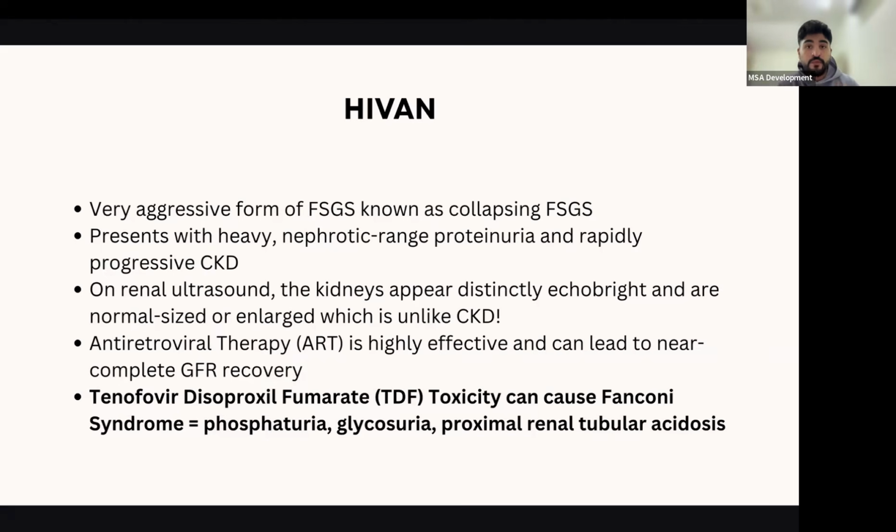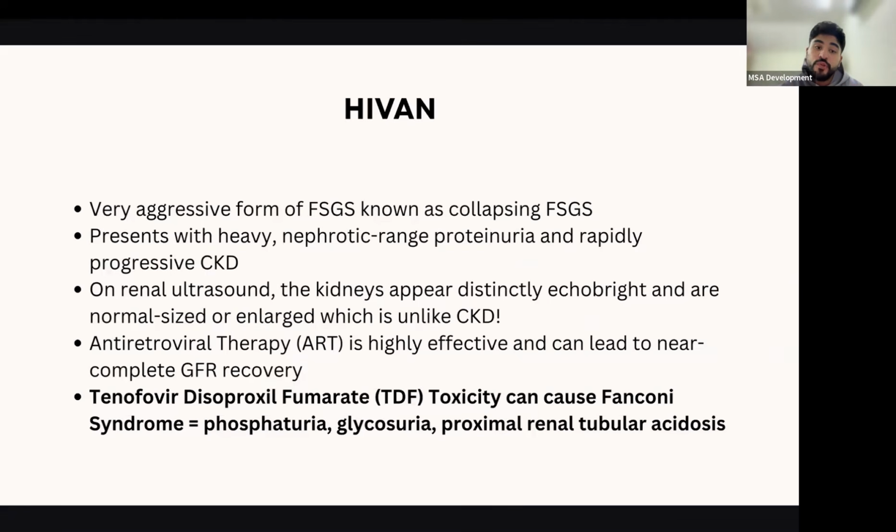And on renal ultrasound, what's really distinctive for HIV patients is that the kidney is going to appear really bright, and usually it's going to be normal sized or a bit enlarged, which is unlike chronic kidney disease findings. How do we treat these patients? We treat them with antiretroviral therapy. It's very important.